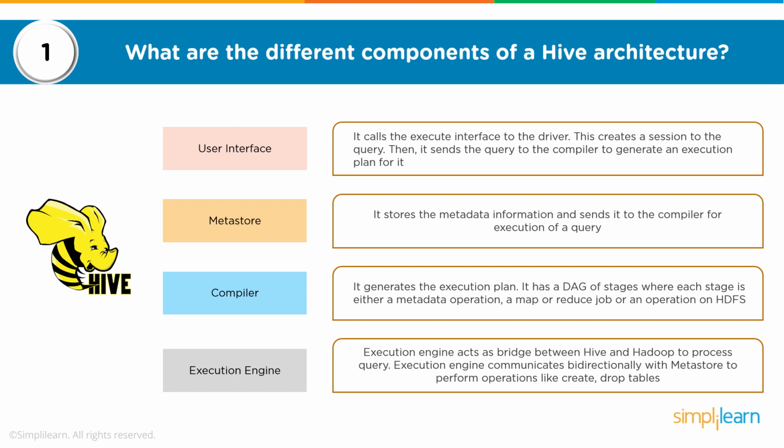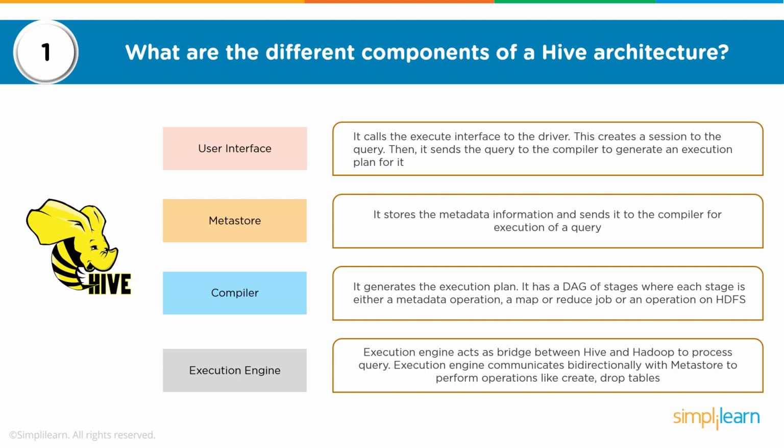Metastore stores the metadata information. So any object which you create, such as database, table, indexes, their metadata is stored in the Metastore, and usually this Metastore is stored in an RDBMS so that multiple users can connect to Hive. So your Metastore stores the metadata information and sends that to the compiler for execution of a query.